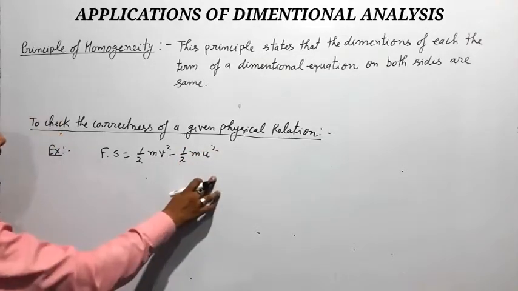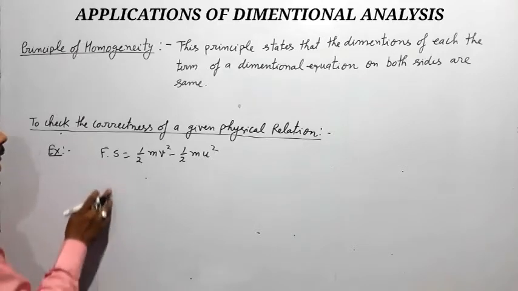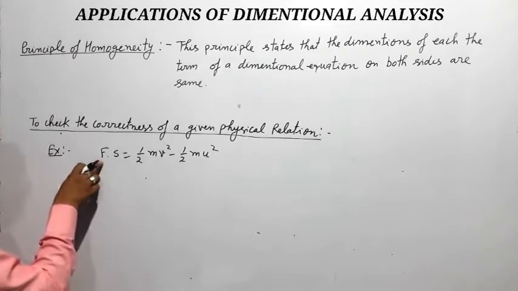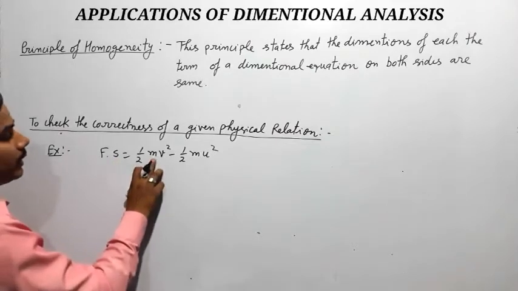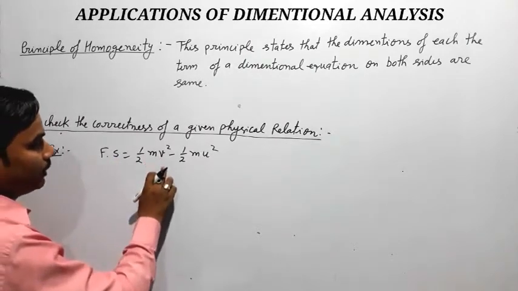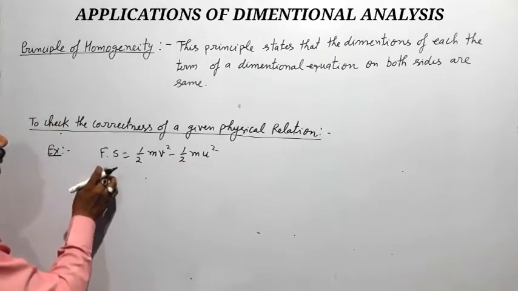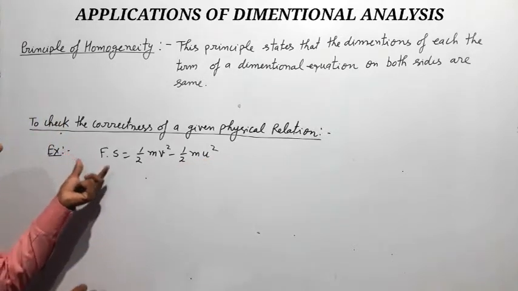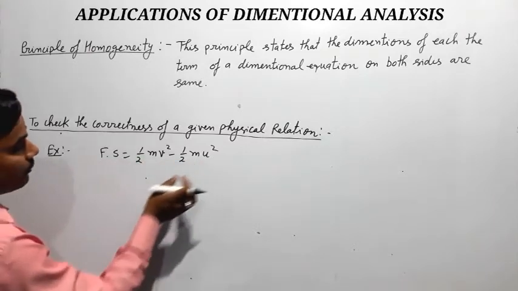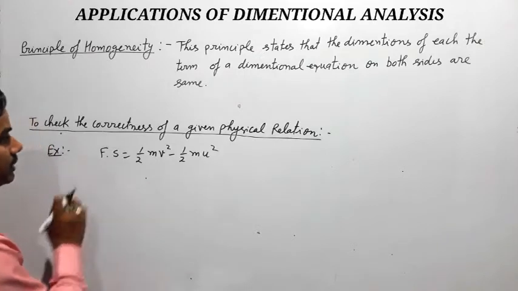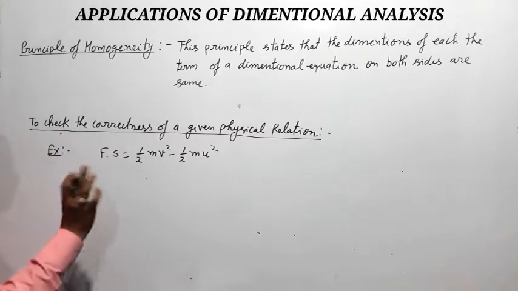We have to check whether this equation is correct or not. Here F is force, S is distance, m is mass, v is final velocity and u is initial velocity. According to the principle of homogeneity, all the terms present in this equation must have the same dimensions. In this equation there are 3 terms and each term must have the same dimension.